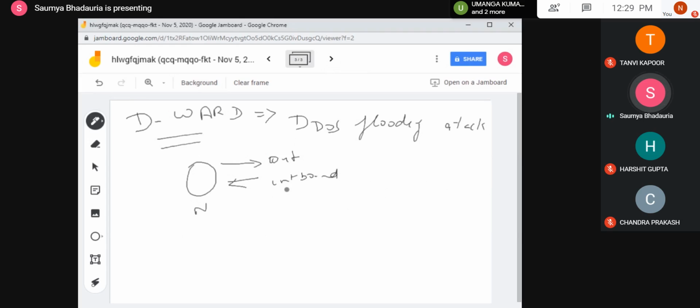So I'll make it understandable in very layman terms. D-WARD is attempting to stop the attack traffic originating from a network at the border of the source network. So this is your source network.